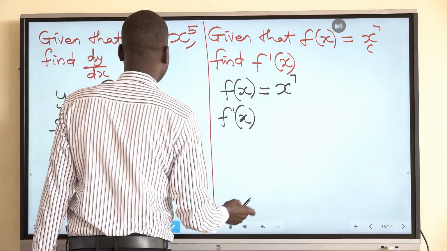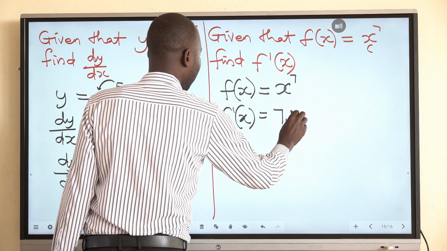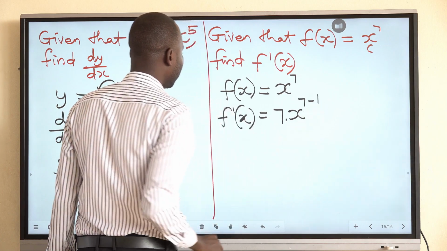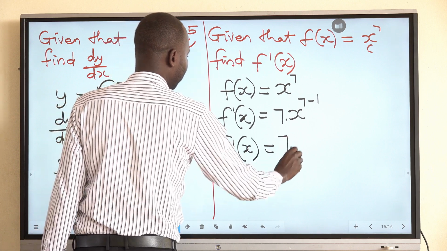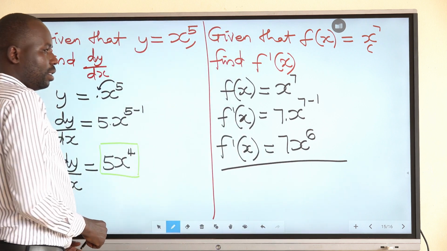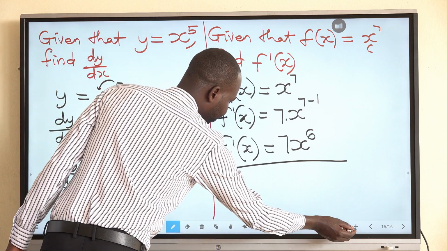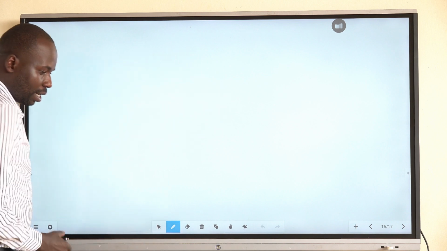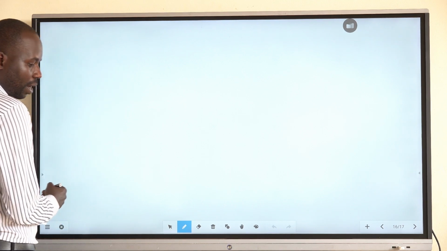So this one still we use the power rule, which says that get the power, which is the index, multiply it with the variable that you have, and the power is reduced by 1. So f prime of x will give you 7x to power 6. This rule is very simple and easy to master. Let's go into the third rule, and it will be the last one for now. Then in the next videos we shall do other rules.